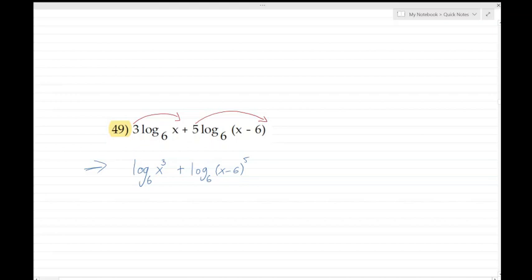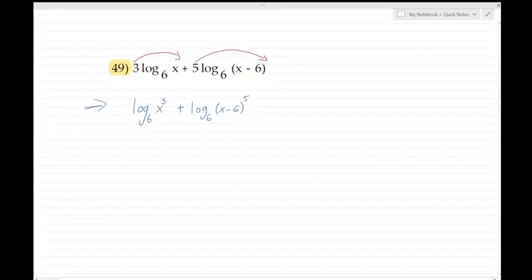Then we notice again that we have a plus, so that tells us that there will be a product. Log base 6, we can condense it since they both have the same base, so this becomes x to the 3rd times x minus 6 to the 5th power, and that's it.